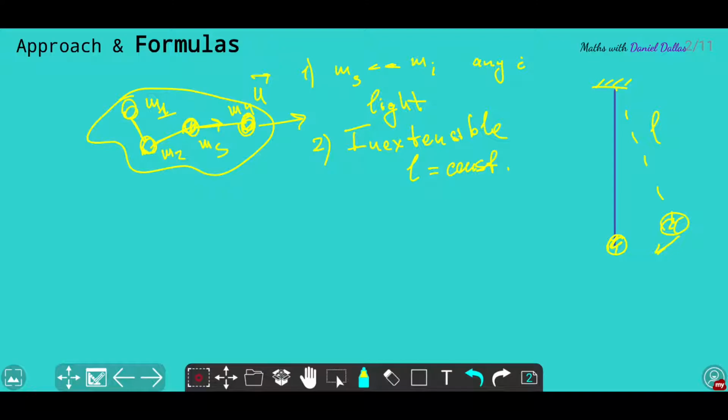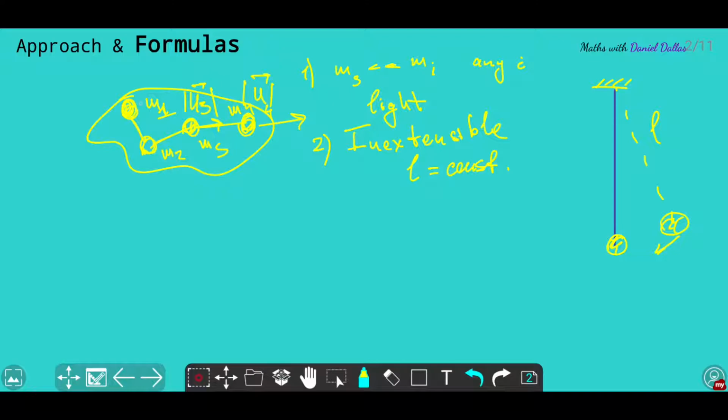But the speed is going to be the same. If you take the absolute value or magnitude of u4, that's going to be the same as for u3. So the speed and acceleration magnitude will be the same for every single particle. However, as you can see, the direction at each time instance might be different.